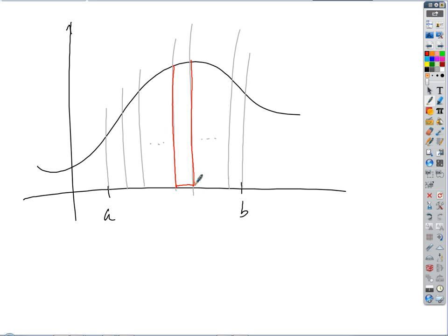vertical sides, horizontal bottom, and the top, we could turn the top into a quadratic fit of the function. We could take 3 points and we could actually do a regressional analysis and do a quadratic fit of the function. And that's actually called Simpson's rule, if we do that, or we could make it cubic if we wanted to be even more sophisticated, but it makes the algorithm pretty hard, right?